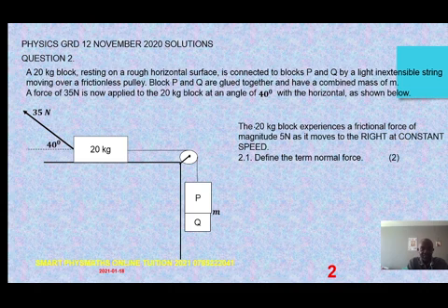They say that the 20 kilogram block experiences a frictional force of magnitude 5 newtons as it moves to the right at a constant speed.